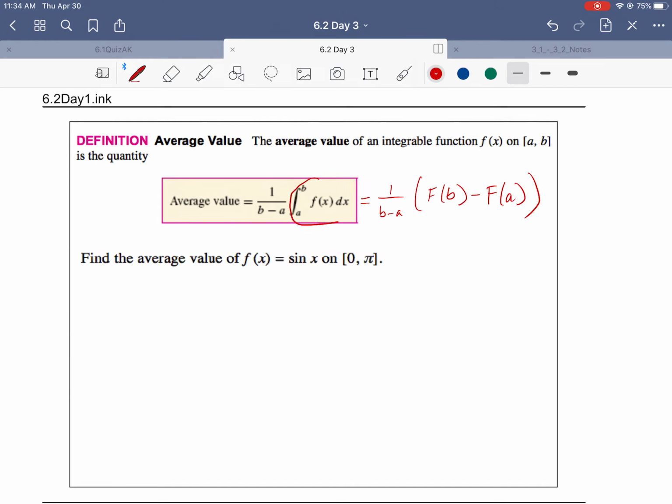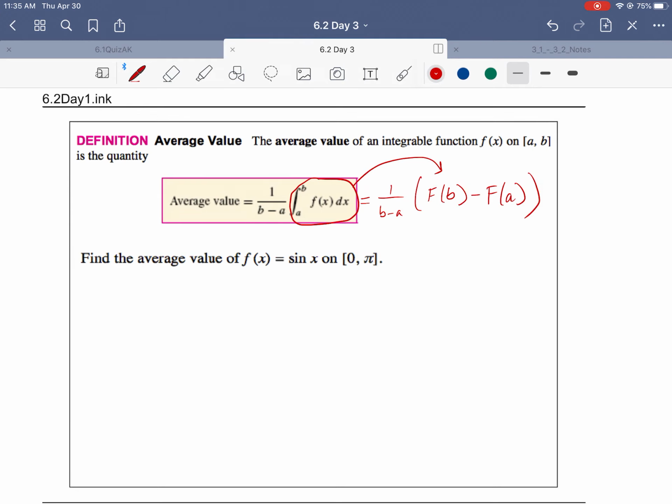Right? That's what the integral part is equal to. So we have original y value, change in original y value is F of b minus F of a. Change in the x value is the b minus a. That's literally our slope formula that we learned years ago.